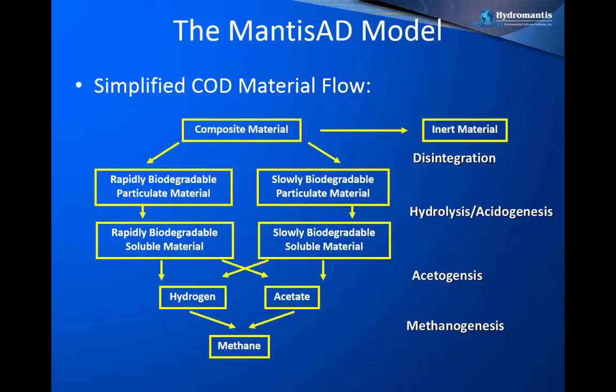So this is a relatively simpler scheme than ADM1, but of course we are sacrificing some of the details that are there in ADM1. It does still work pretty well if the objectives are with respect to VSS degradation and gas production, and we are not paying too much attention to the details of the intermediates that are being formed during the anaerobic digestion process.